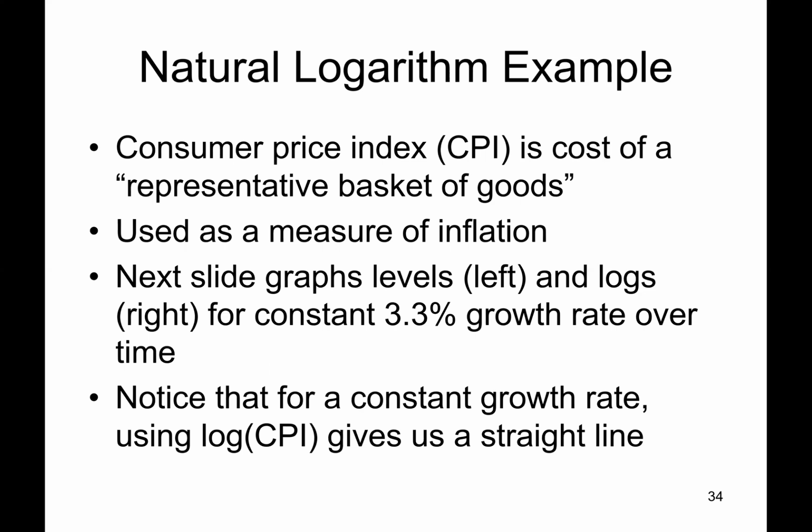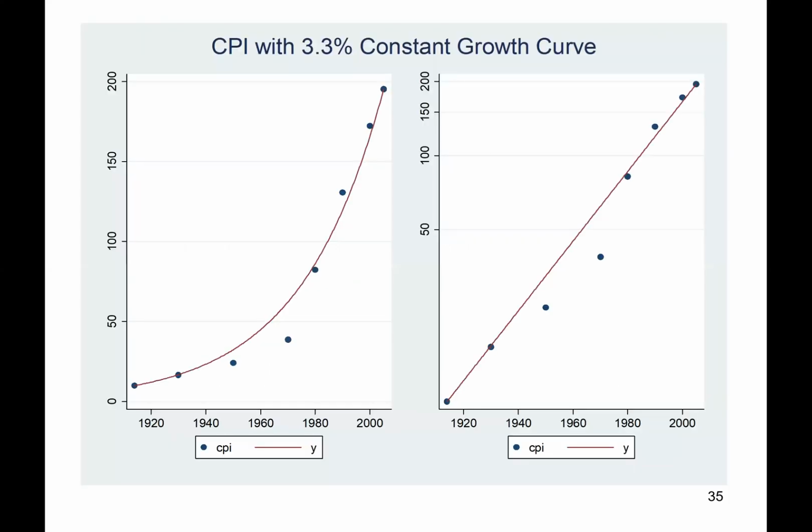And so let me show you on the next slide the graphs, both the levels and the logs for a constant 3.3% growth rate over time. In this graph on the left, this is just the level of the price, standardized, I think, around 1980. And so this graph on the left shows a 3.3% increase every year.